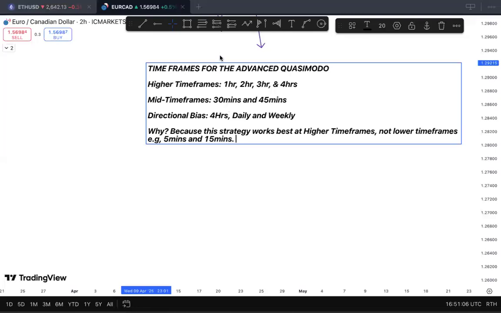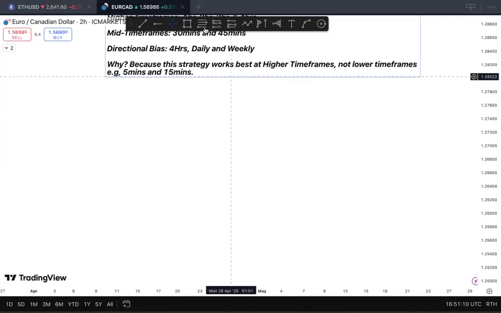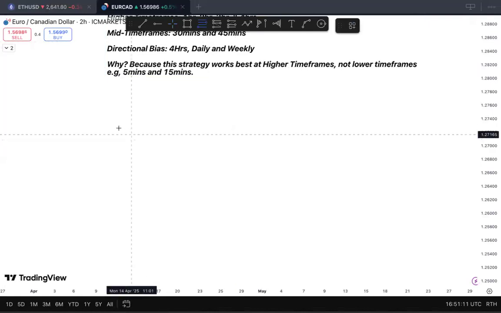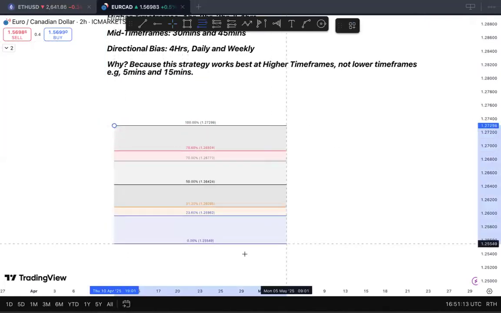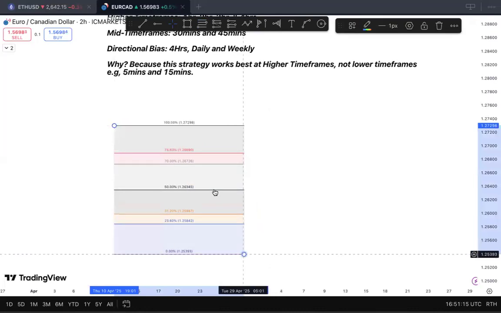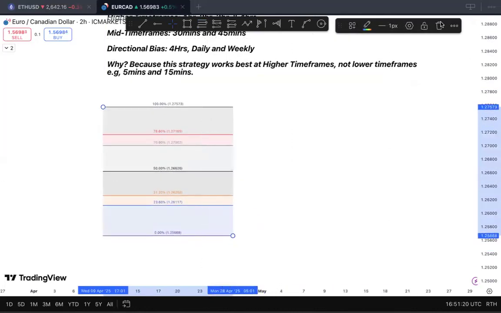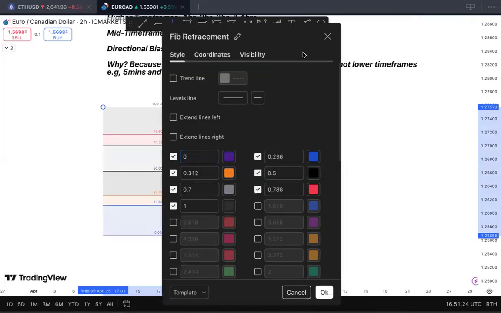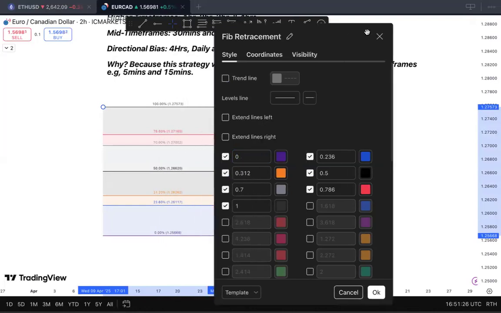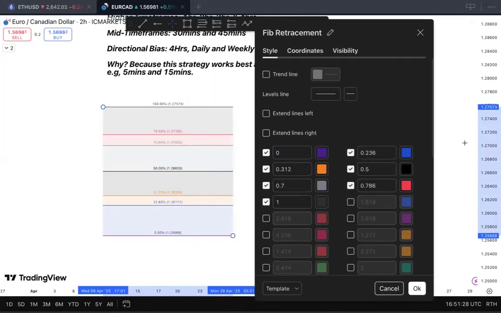The fib retracement settings. Okay, I'm going to show you the fib retracement settings. So this is my fib retracement settings.